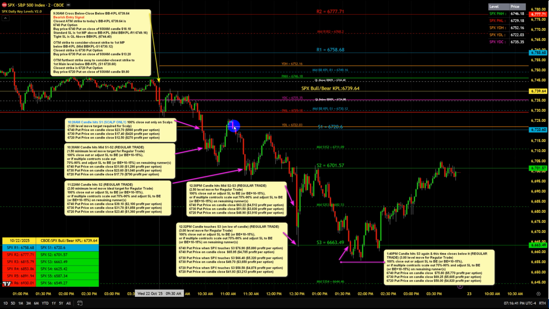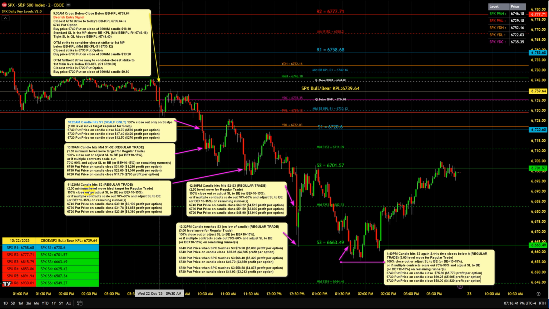So that is your indication that more than likely we're going back to test at least this midpoint or the next level below the S2 level, and in this case that's exactly what happened. And at 11:22 a.m. that candle hits the S2, and as you can see it wicked through it and then closed slightly below it.